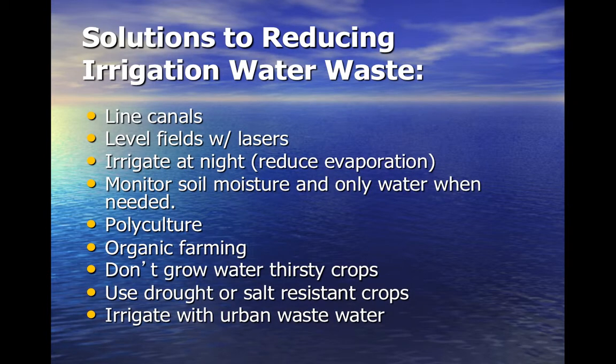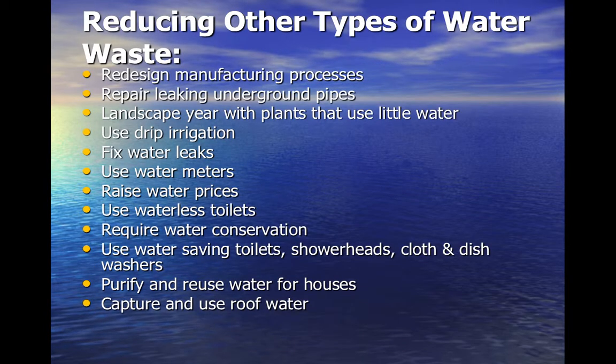Okay. Some other solutions, again, were mentioned. It's the same off of the chart there. And other types of water waste, reducing it: redesigning your manufacturing processes in industries, repairing leaky underground pipes, fix water leaks, raise water prices.